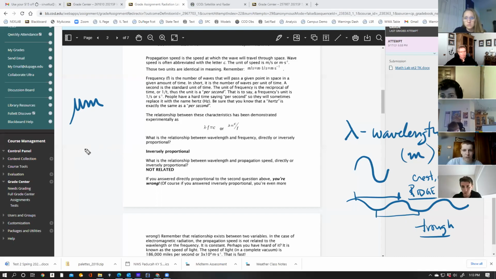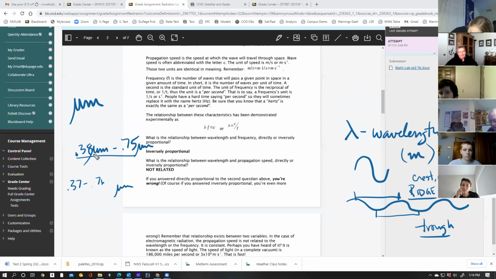It is 0.38 micrometers to 0.75 micrometers. Now, for years, I did 0.37 to 0.76 micrometers. Is that what's in the notes now? I did some web searching and I couldn't figure it out. I'm getting a whole bunch of different numbers. And since I personally haven't gone and experimentally determined what this is, I really don't know what the answer is.